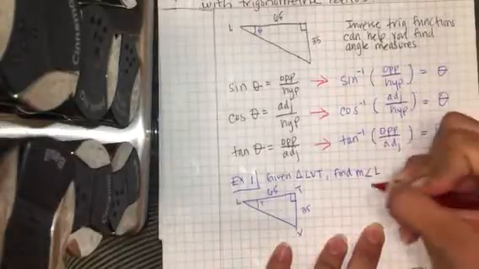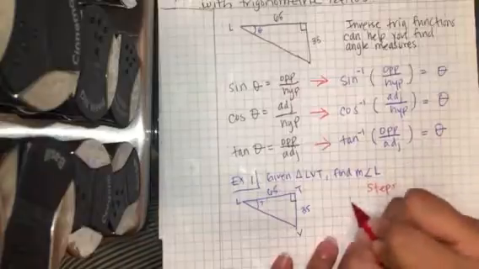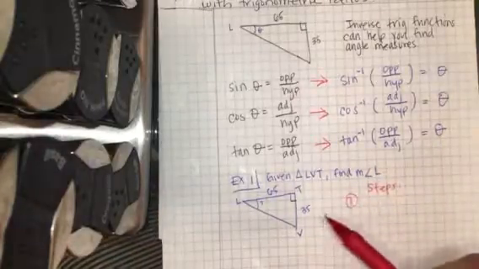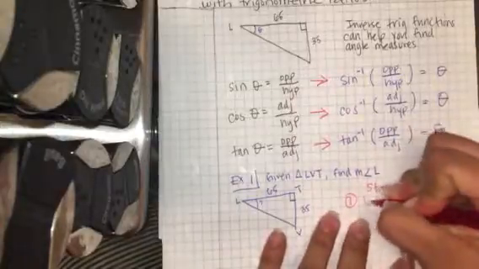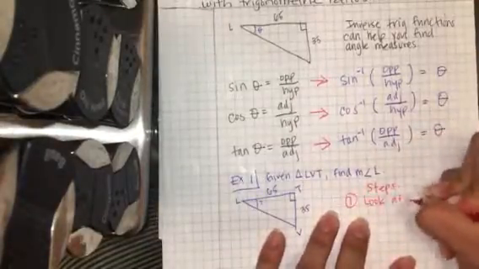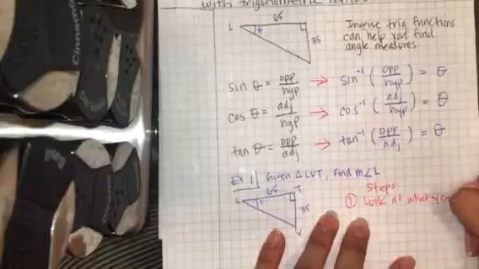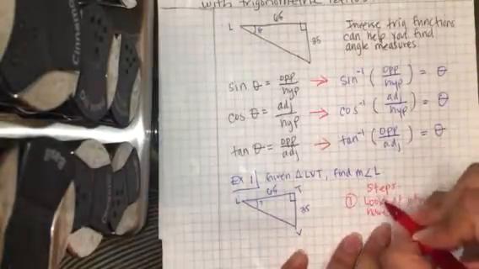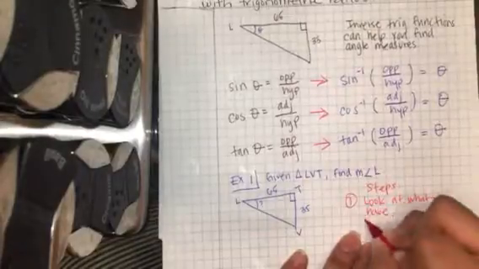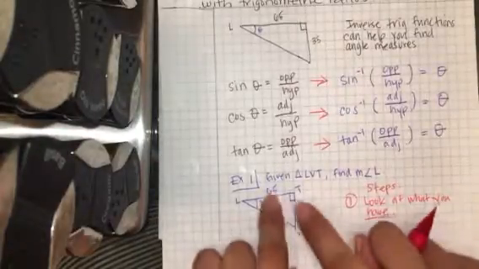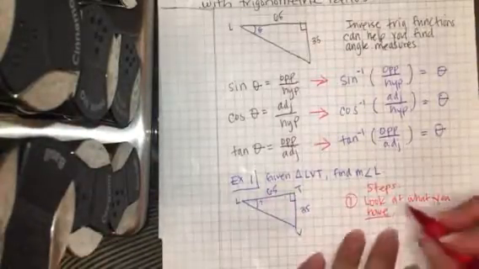Now, here's what I want you to do. I'm going to give you the steps right here. First thing I want you to do this time, I'm not going to ask you to find what you need. I just want you to look at what you have. So what do we have? We have two things, 65 and 35.